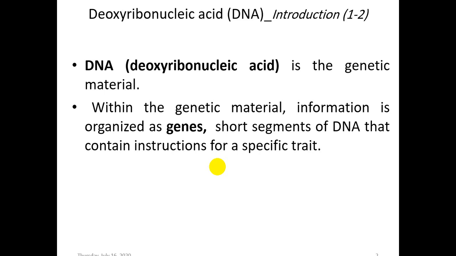So your information is stored in small, short segments of DNA. These are the genes, and these genes sit at certain positions on the chromosomes, and each position is named a locus.